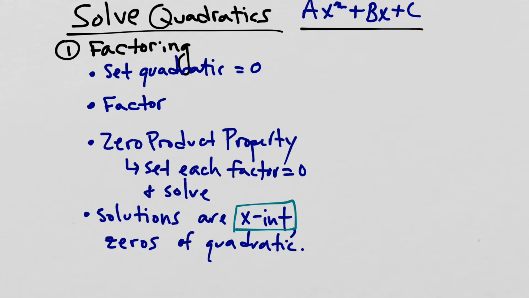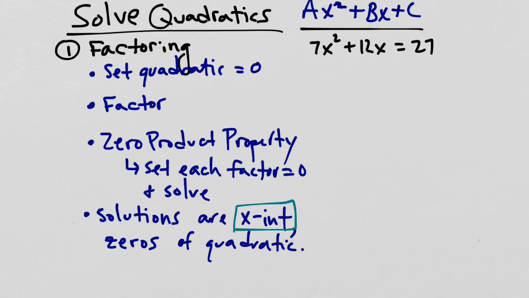So the first thing that must happen is the quadratic is set equal to 0. So as an example problem, let's say we had 7x squared plus 12x, and we're going to say that that is equal to 27. Well, obviously that is not set equal to 0.